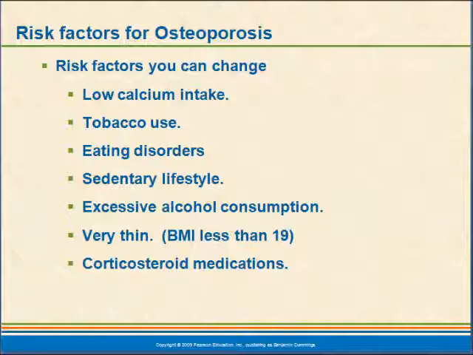If you are very thin, that is, you have body mass index less than 19, you are more likely to develop osteoporosis. Now, the reason that this occurs, very thin women don't have periods. What it is, estrogen is a fat-soluble hormone. And in the absence of much body fat, you don't have enough estrogen to go through your normal reproductive cycle.